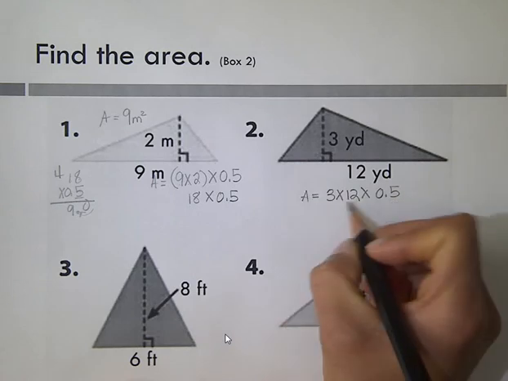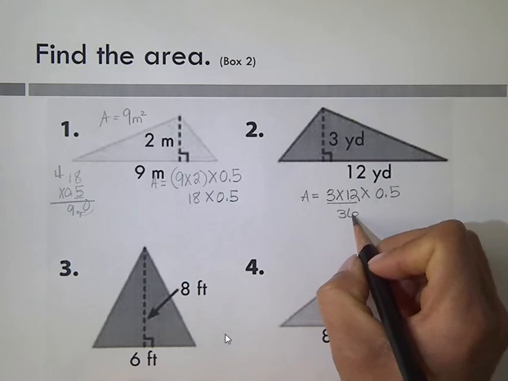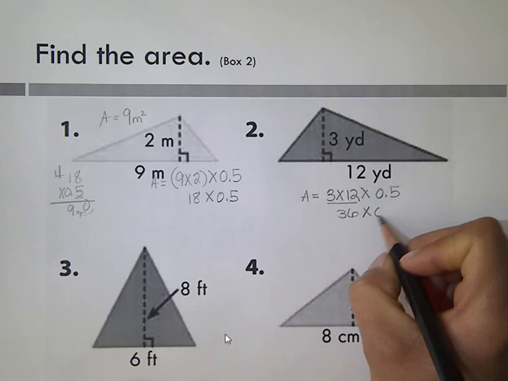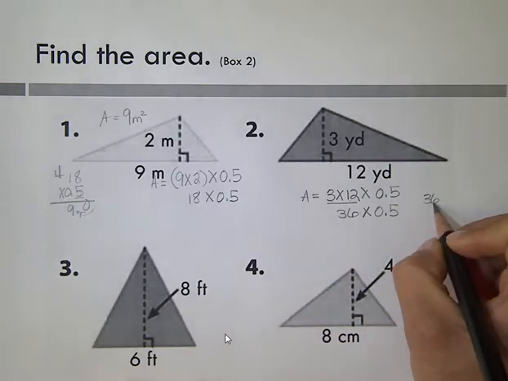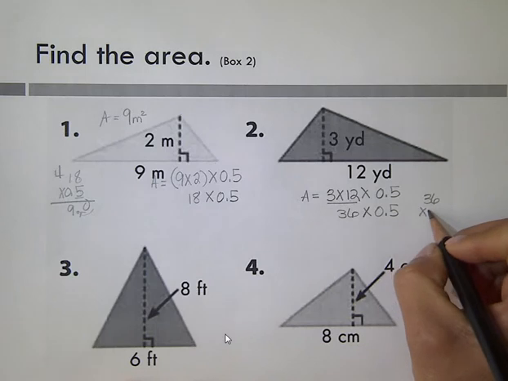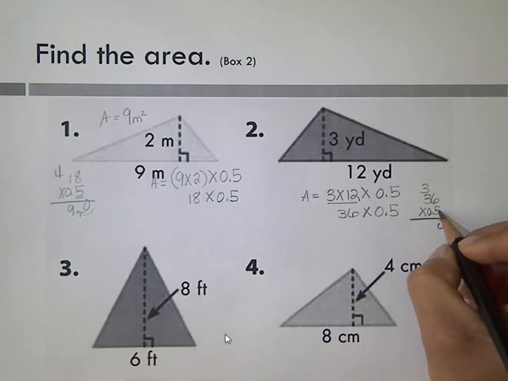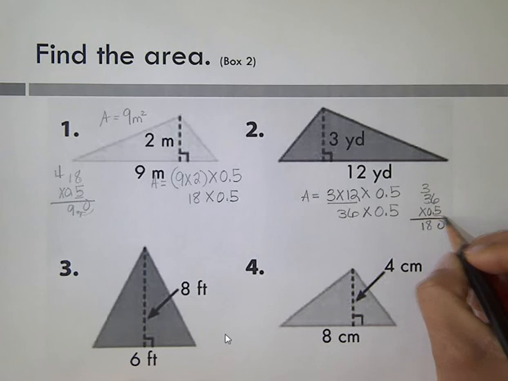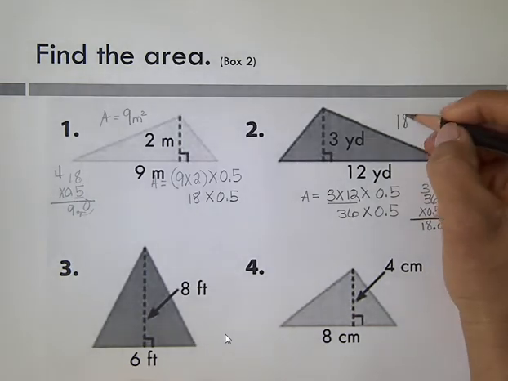So 3 times 12 is 36. 36 times 0.5. 5 times 6 is 30. 5 times 3 is 15. And 3 is 18. And 1 decimal place in is 18. 18 yards squared.